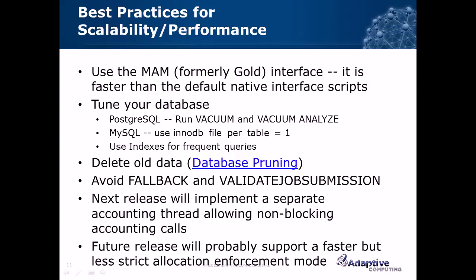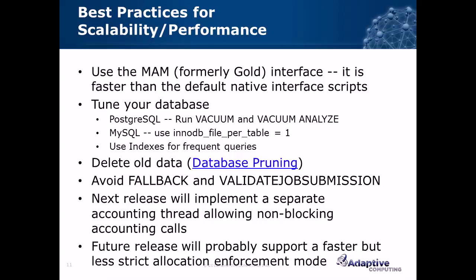In MySQL, you want to split your InnoDB tables, your transaction tables, up one per table. That's going to help with performance. You're going to want to delete old data you don't need around, which can improve performance. Just be aware that fallback makes an extra call per job. So instead of 2 calls per job, there are 3, because you have to have one at the submission time.